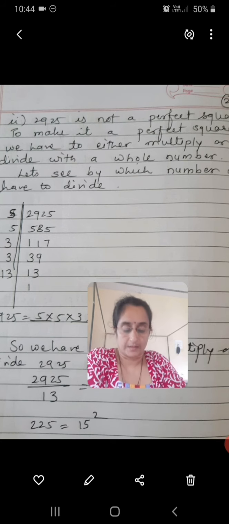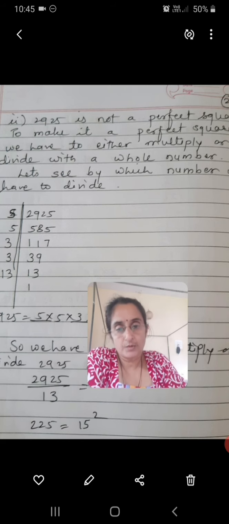That is the 6th question. What is asked there? For each of the following numbers, find the smallest whole number by which it should be divided so as to get a perfect square, and also find the square root of the square number so obtained. Now here also the given numbers are not perfect squares.